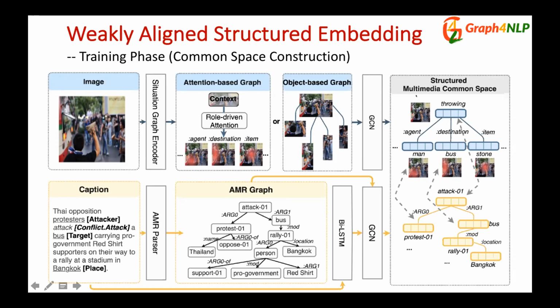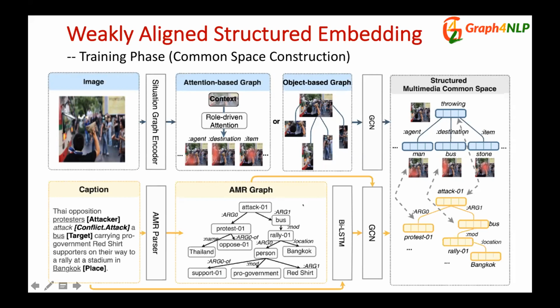Although we don't know the event type for throwing, throwing is semantically closer to an attack node from this caption sentence. And similarly, this man, this agent, is also similar to the agent role in this attack event.